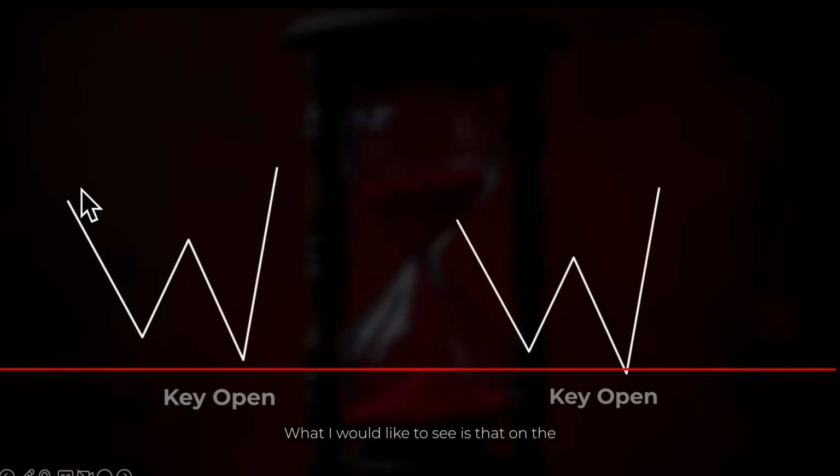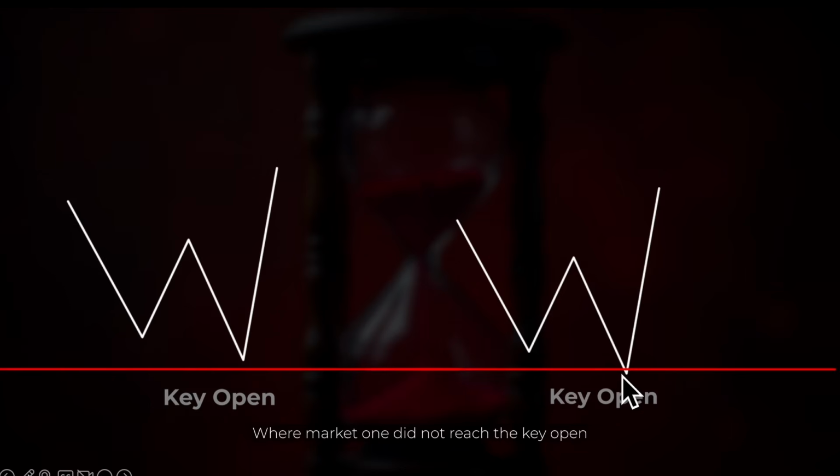What I would like you to see is that on the left, the market expands towards the downside, forms this low, retraces higher, and then expands lower once more. Notice, however, that the market did not reach this key open. Instead, we stopped right in advance of it. When we pay attention to the market on the right, the market expands towards the downside, forms this low, retraces higher, and this market does reach that key open.